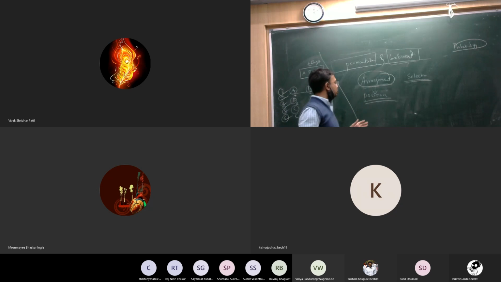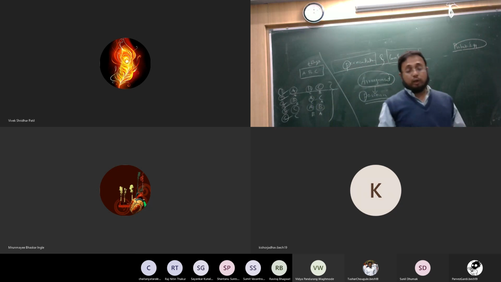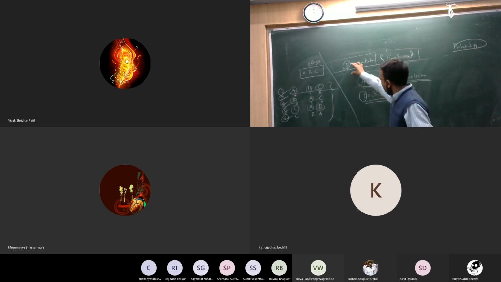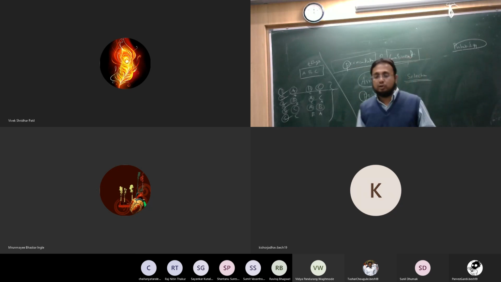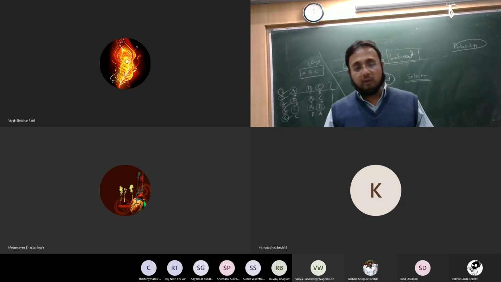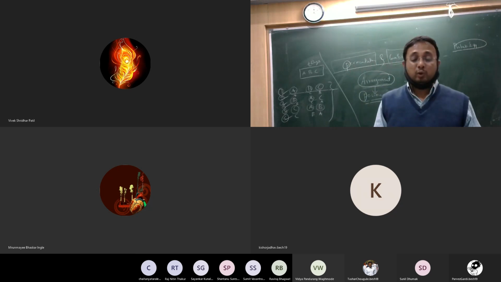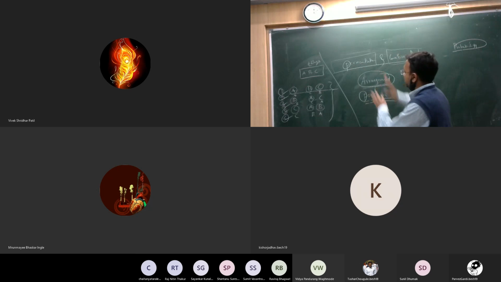Why am I focusing on position? Because the P in permutation means position. In permutation, position is going to matter. Position means arrangement. So whenever there is a question of arrangement, where we have to arrange certain things, we definitely have to concentrate on permutation.